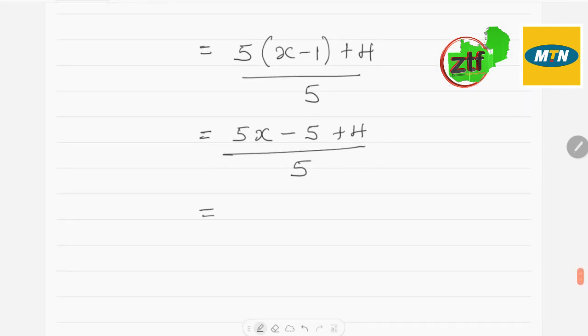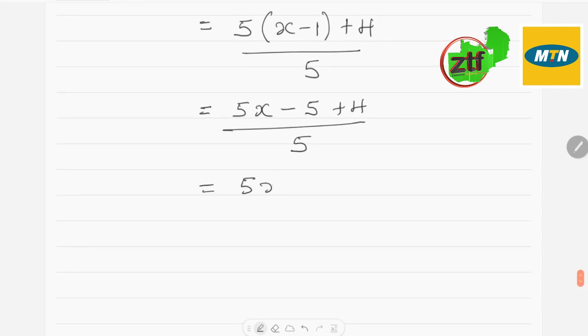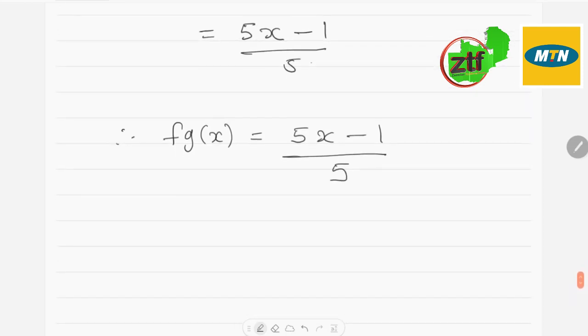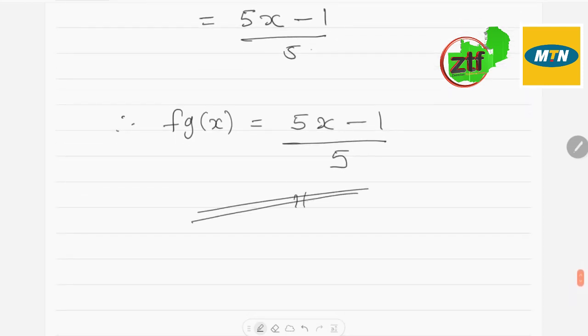So reducing this, we'll have 5x, then minus 5 and positive 4 are constants, so minus 5 plus 4 will get minus 1 divided by 5. Therefore, the composite function f round g or f of g of x will give us 5x minus 1 over 5 as our final solution.